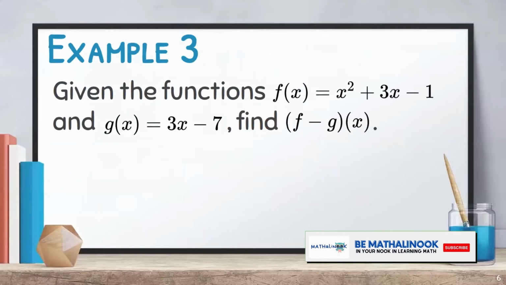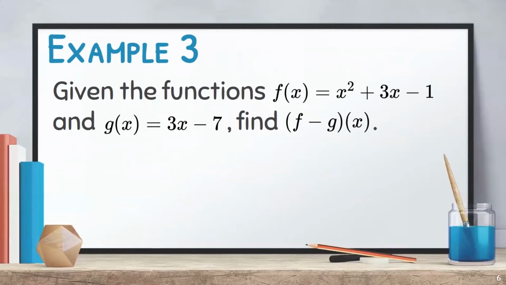Let us take a look at this example. Given the functions f of x equals x squared plus 3x minus 1 and g of x equals 3x minus 7, find f minus g of x. Using the formula earlier in finding the difference of the two functions, f minus g of x equals f of x minus g of x.